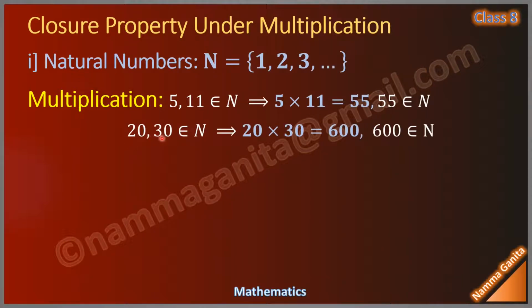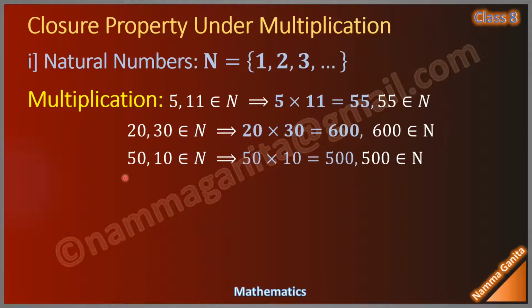If 20 and 30 belong to N, then 20 into 30 is equal to 600. 2 3s are 6, 2 zeros, and 600 belongs to N. Consider the third example. If 50 and 10 belong to N, that implies 50 into 10 is equal to 500, and 500 belongs to N.